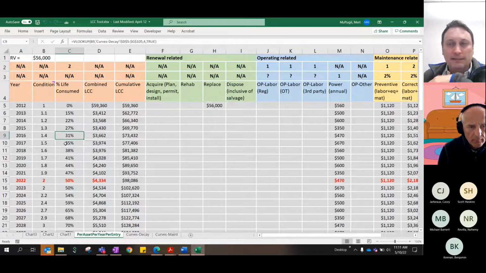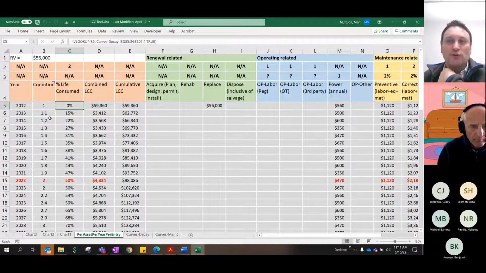From there, it starts becoming a little bit of a calculated exercise. The next thing that I wanted to calculate here is the percent life consumed, basically expressing that condition score in terms of percent life consumed. The reason why this is important goes back to one of the earlier discussions we had around how certain assets decay at different rates based on their types or perhaps installation environment, so different decay profiles, basically.